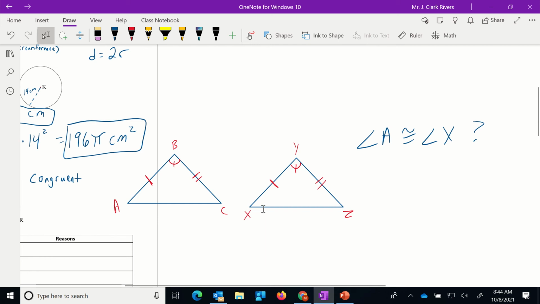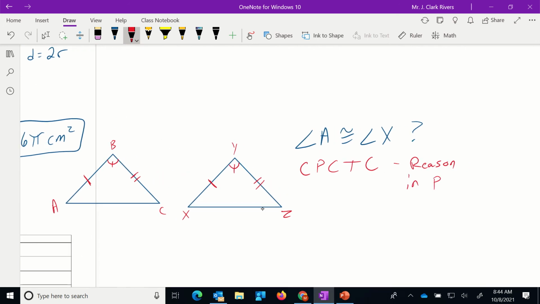So the way we know that angle A is congruent to angle X is because corresponding parts of congruent triangles are congruent. This is a reason in a proof. You need to be thinking about that when you use it, but in a proof, CPCTC is a reason.